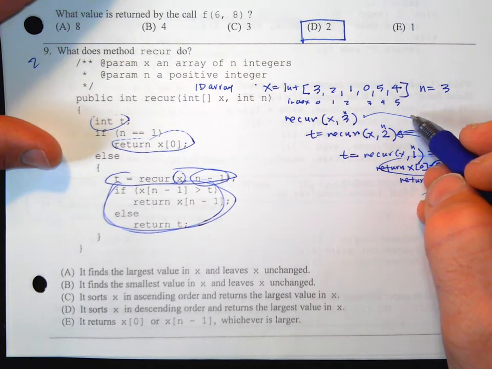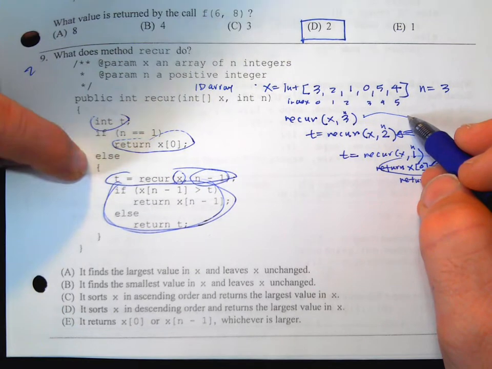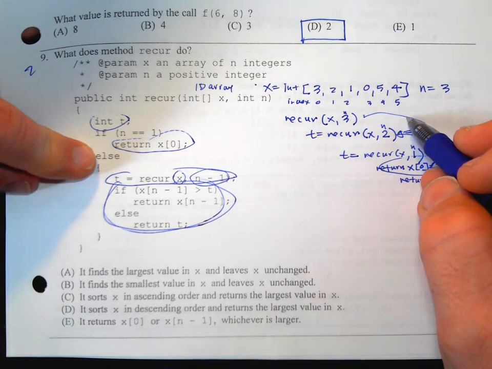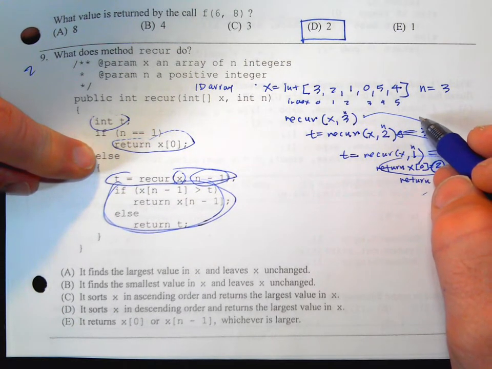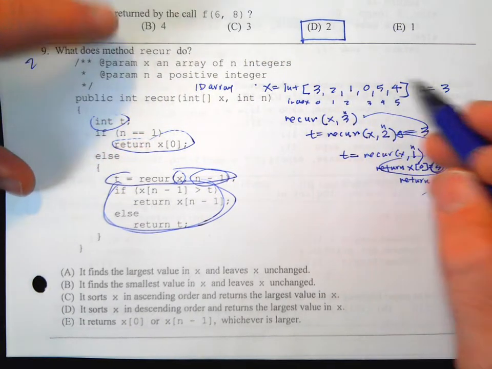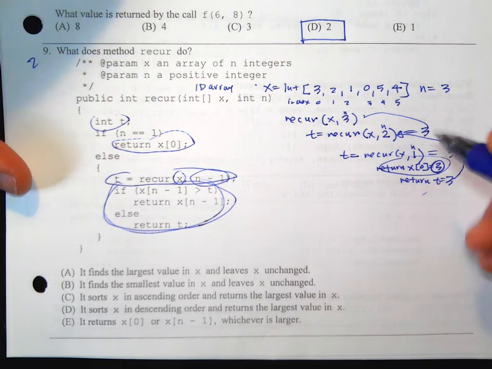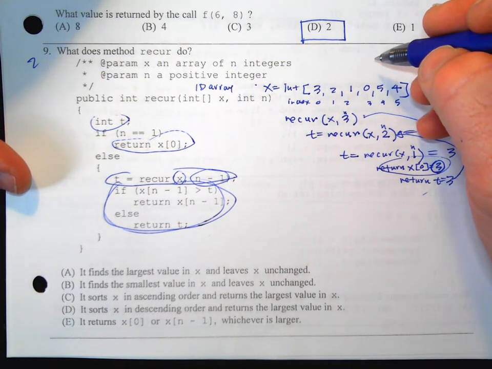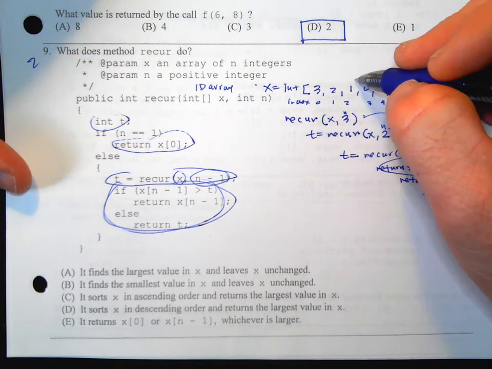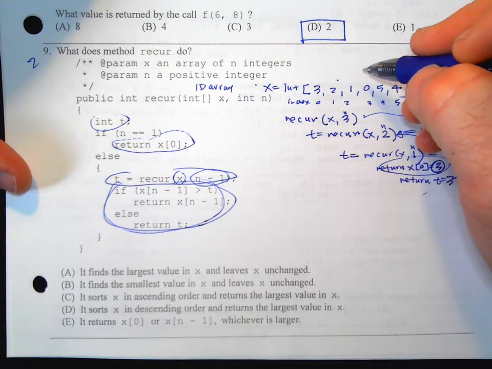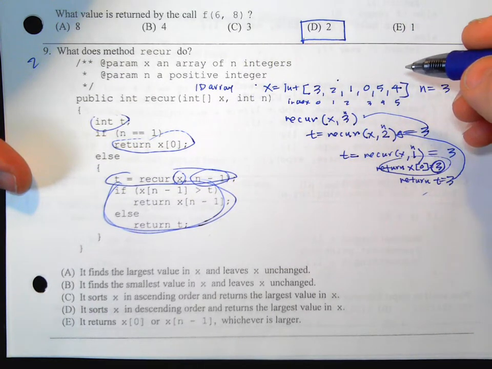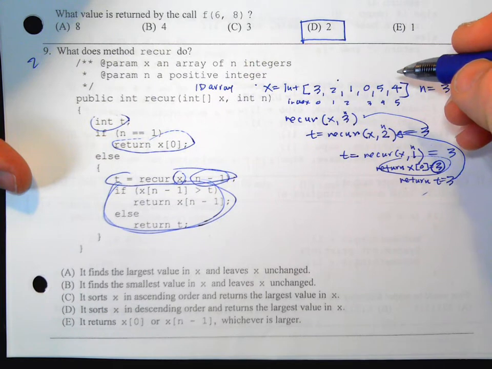No, I think that was the first. It goes up here. Does it check it again? It might check it again. Anyways, it looks like it's looking for the biggest thing, the largest value, but it starts at like the n value or something.